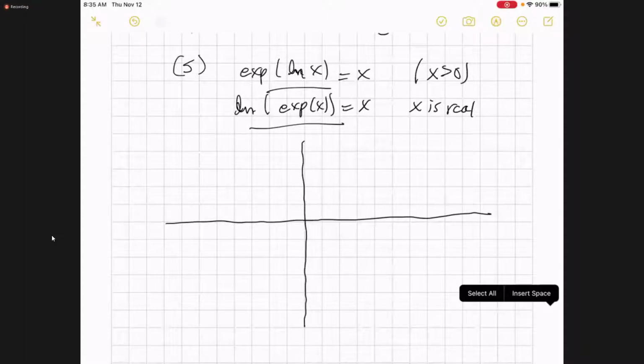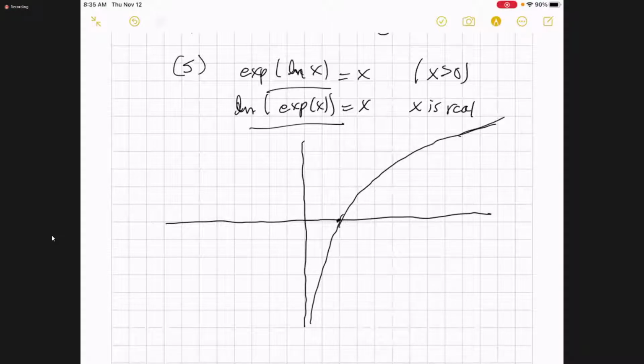My x-axis tilted up there kind of, but okay, let's leave it. Log function, there's one right there. Comes up, goes off to infinity. Okay, so it looks something like that.